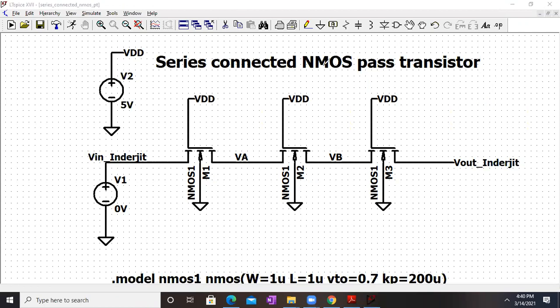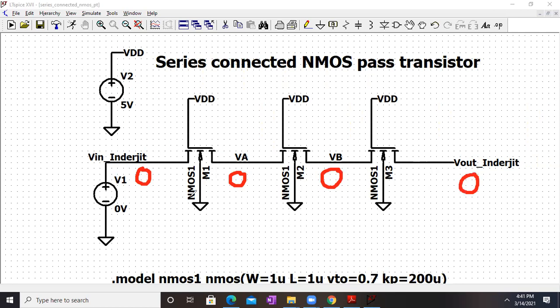As per the theory, if we are applying logic 0 over here, the output of the NMOS pass transistor also should be logic 0. So this VA should be logic 0. Similarly, if we are passing logic 0 to M2, with the gate applied to VDD, it should also pass logic 0, and again the third transistor also should pass logic 0.